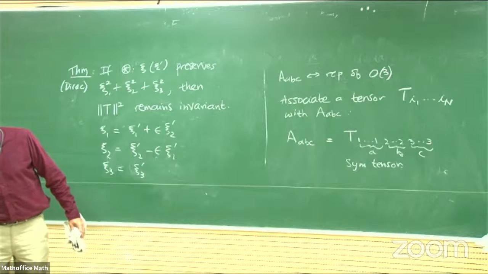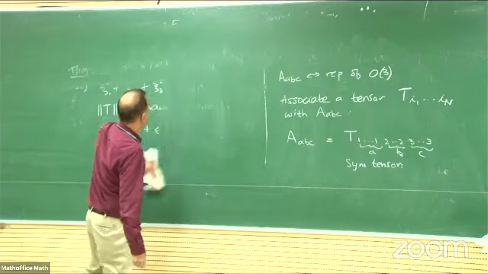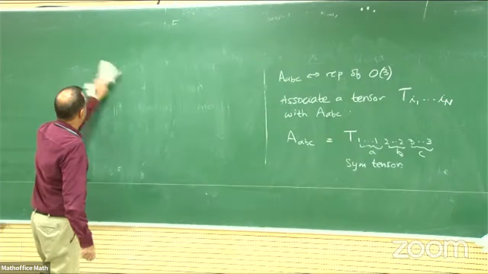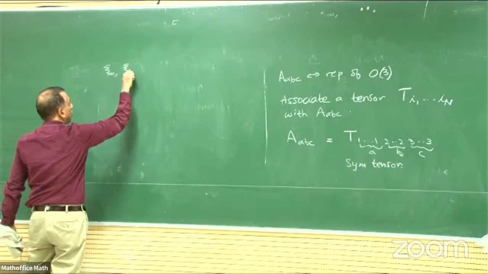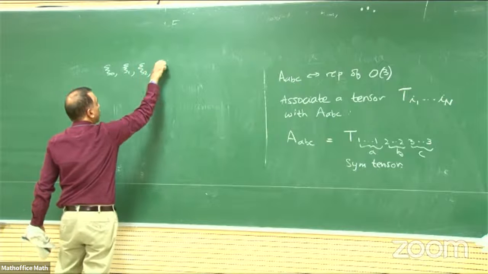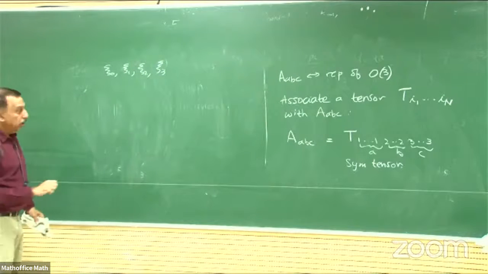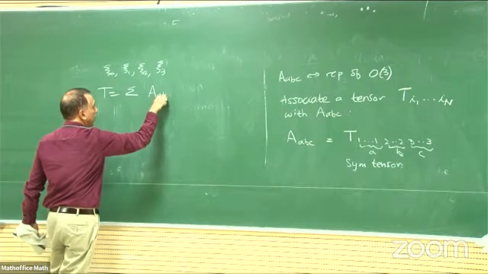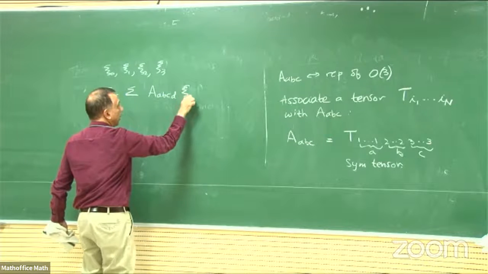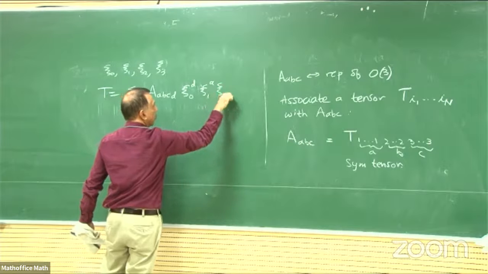Okay. Now he notices that if I did introduce psi 0, so he says now we have psi 0, psi 1, psi 2, psi 3, and we write T as the sum A, B, C, D, psi 0 to the D, this is the new one, and the others are the old ones.